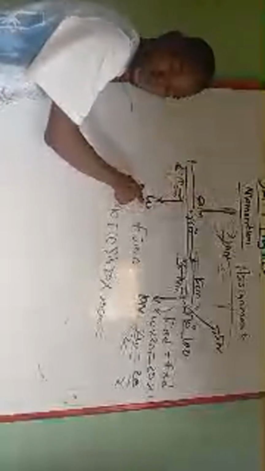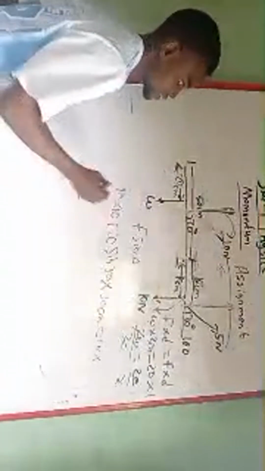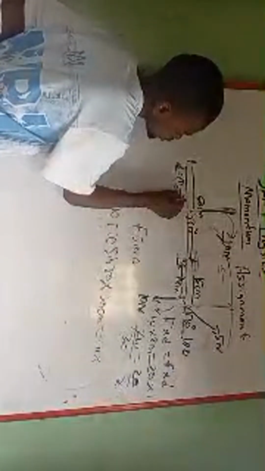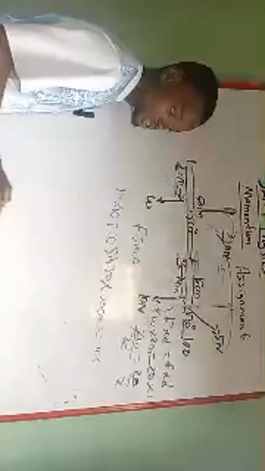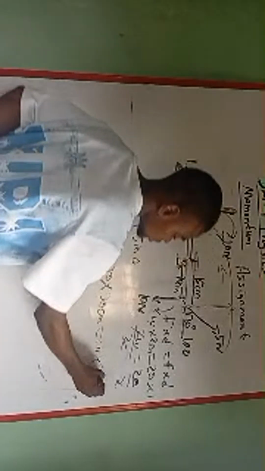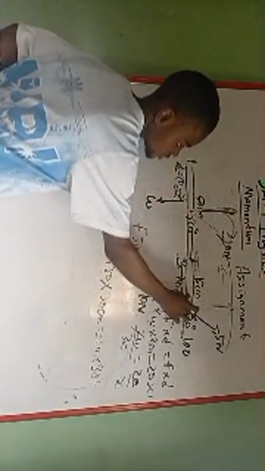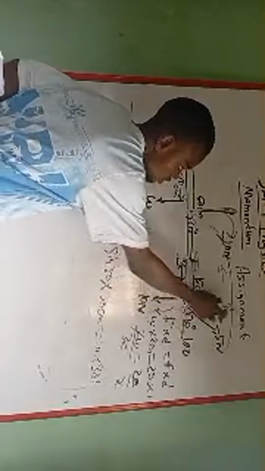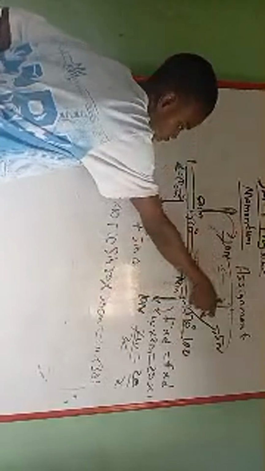All of these are the clockwise. Now the anti-clockwise is this one that is making it a pull here, which is what we are looking for. We are looking for W. Now W multiplied by the perpendicular distance, still from here to here, which is 30. And you add it to this other one that is also moving anti-clockwise.